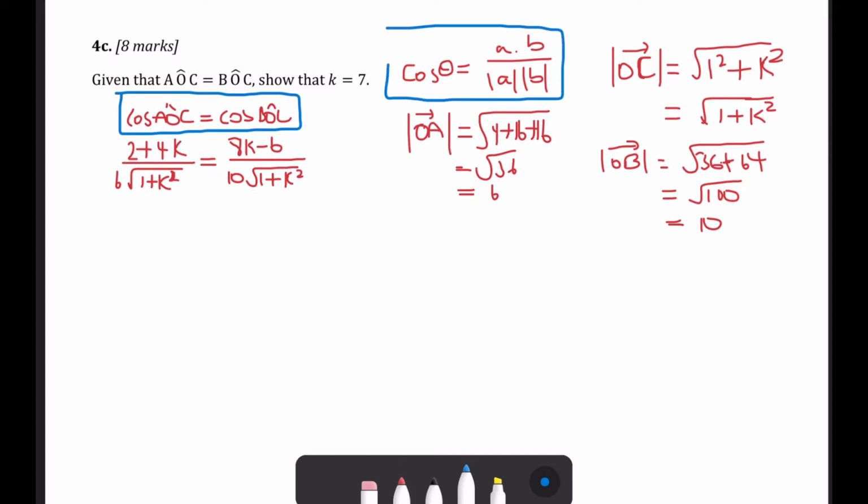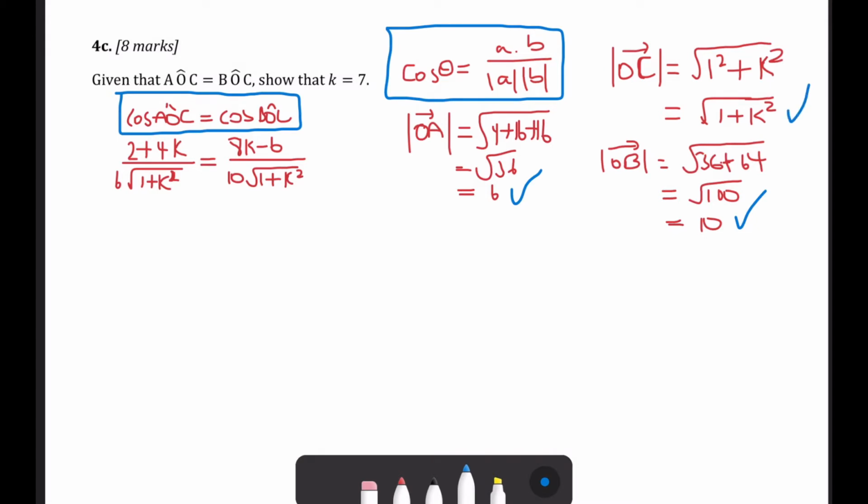Cos theta is equal to A dot B over the magnitude of A times the magnitude of B. So then I need to think about my formulas in terms of AOC and BOC. Well, I need to get the magnitude of OA, so that's what I've done here. Magnitude of OA was 6, magnitude of OB was 10, and the magnitude of OC was the root of 1 plus k squared.